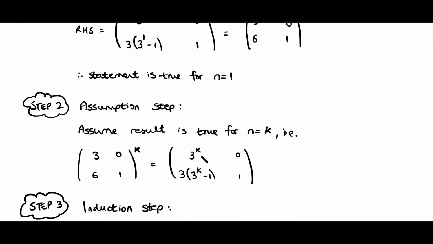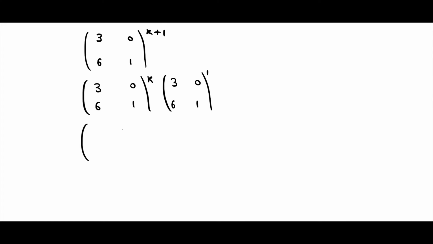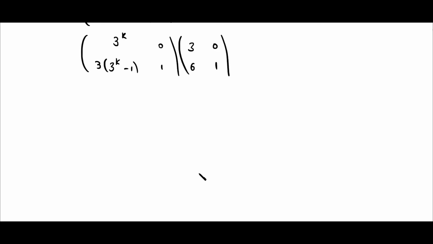So this is the same as (3 to the power of k, 0; 3 lots of 3 to the power of k minus 1, 1) lots of (3, 0, 6, 1). And then we simply work out these two matrices multiplied together.